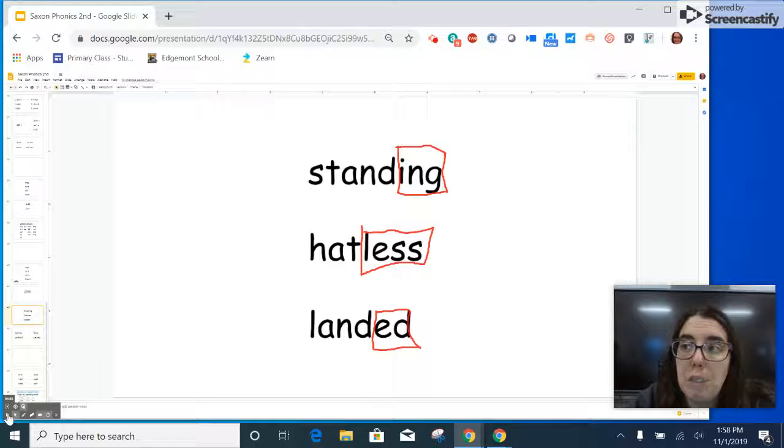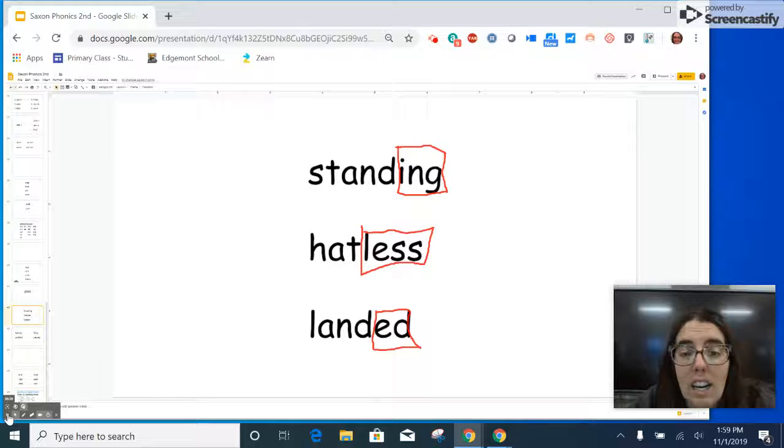Now, if you remember, a syllable is a word part that contains its own vowel sound. This means that when we add these suffixes, ing, less, or ed, to a word, we get another syllable in that word. So if we add these suffixes to a one-syllable word, we get a two-syllable word because we are adding another vowel sound.